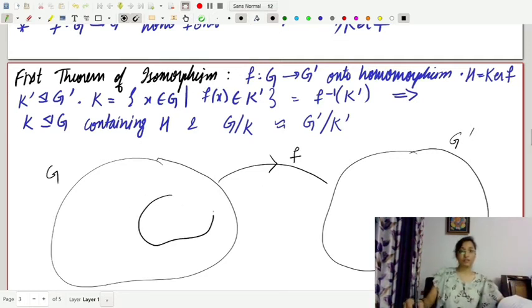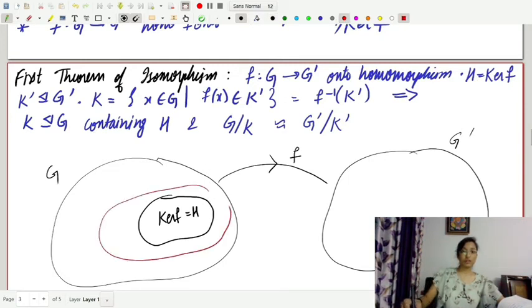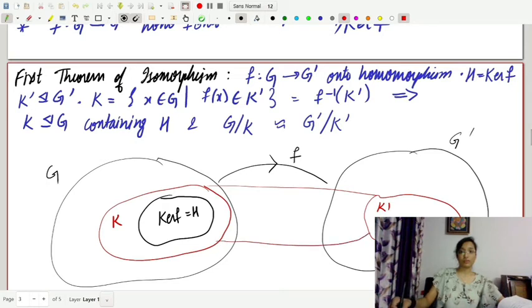Here we have the kernel of f equal to H, and here we have K, a normal subgroup of G containing H, such that this whole K is mapped to K dash. According to the definition, K dash is also a normal subgroup of G dash.